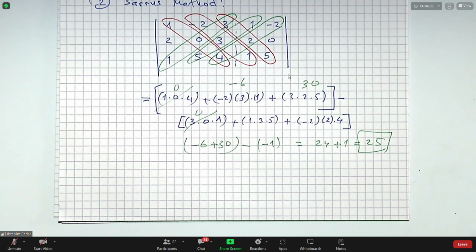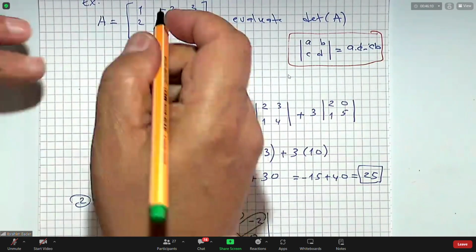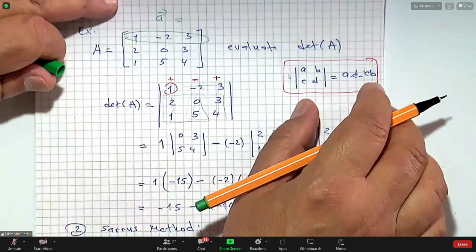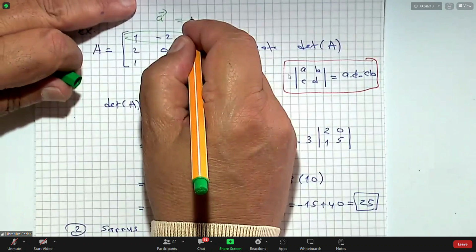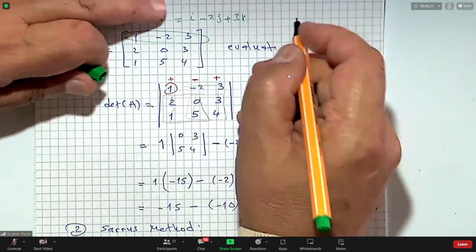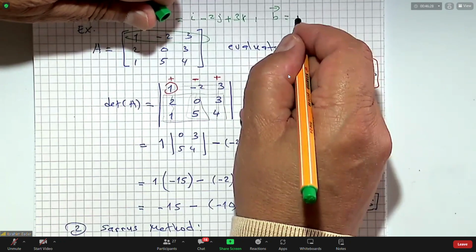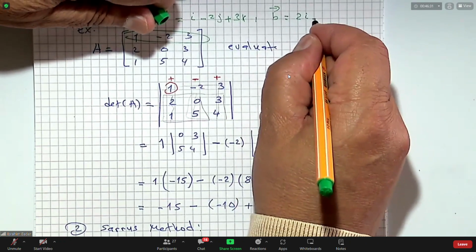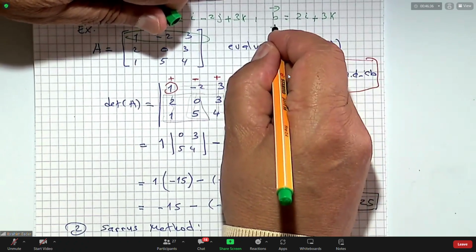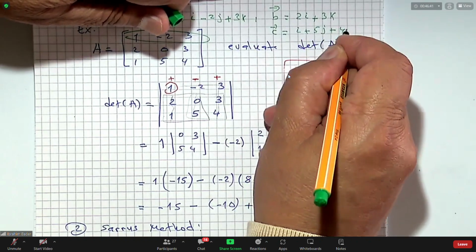Assume A equals I minus 2J plus 3K, and B equals 2I plus 0J plus 3K, and C equals I plus 5J plus 4K.